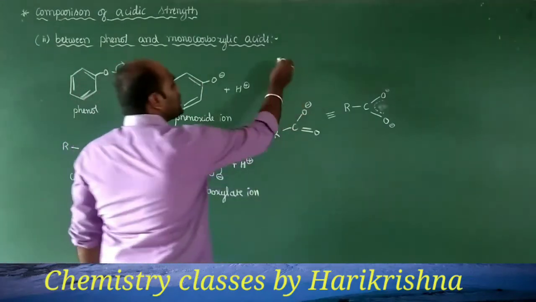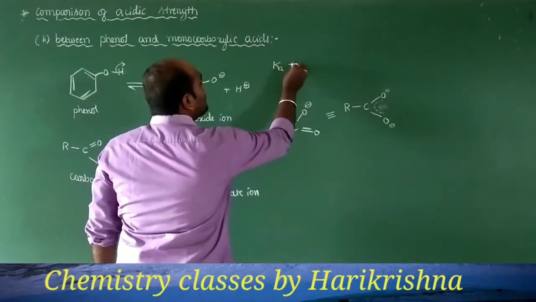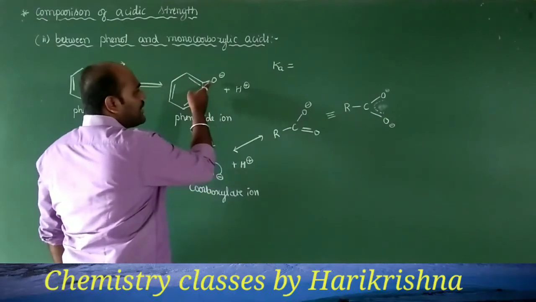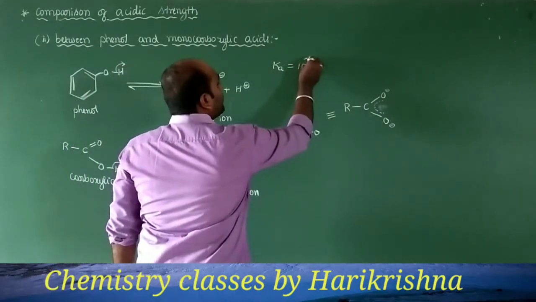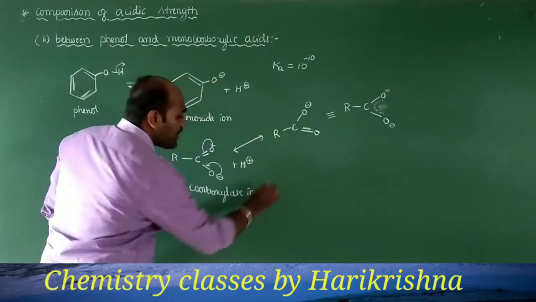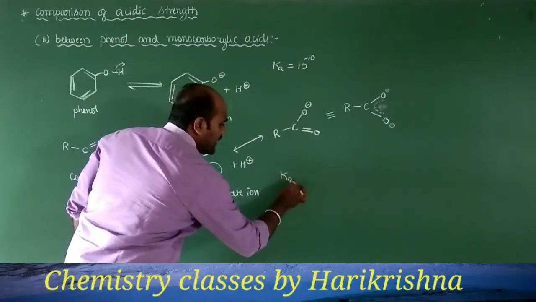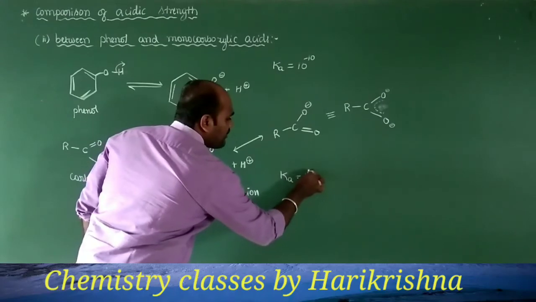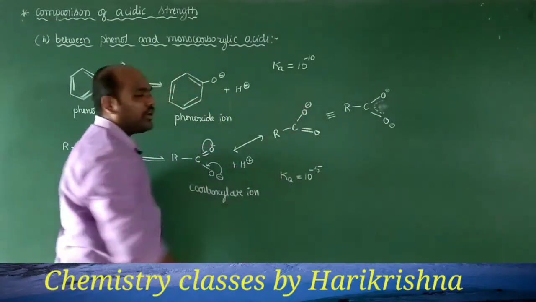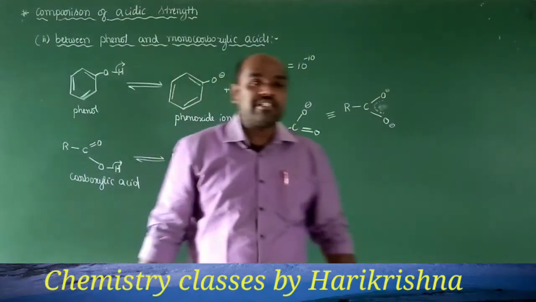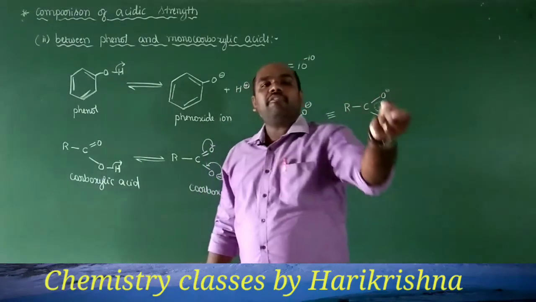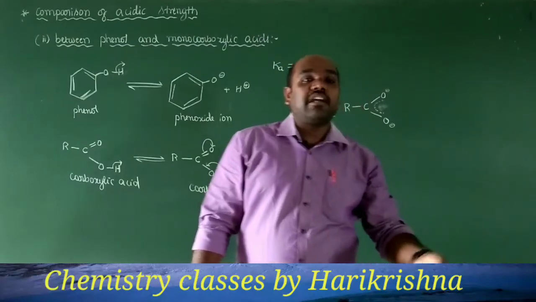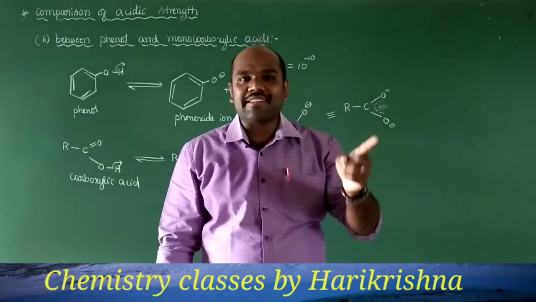And based on the dissociation constant values also, we can observe that the dissociation constant of phenol is of the order of 10 to the power of minus 10, but for monocarboxylic acid, the dissociation constant value is of the order of 10 to the power of minus 5. We said that compared to the other, the one with a greater value of dissociation constant will be the stronger acid.